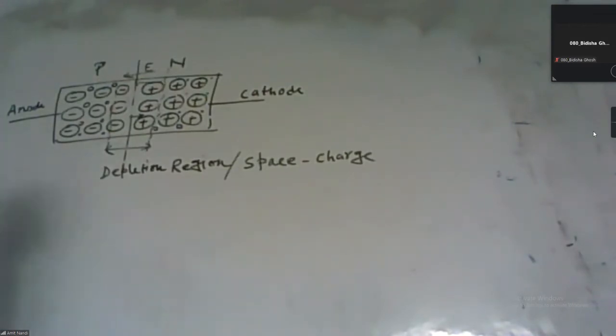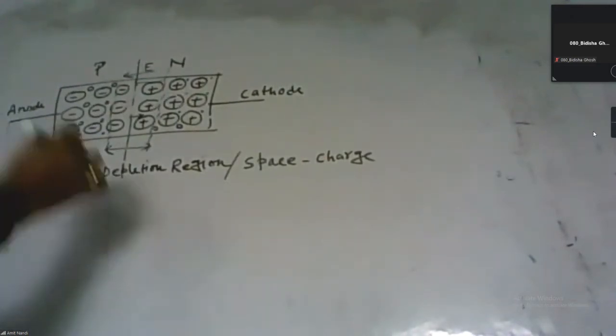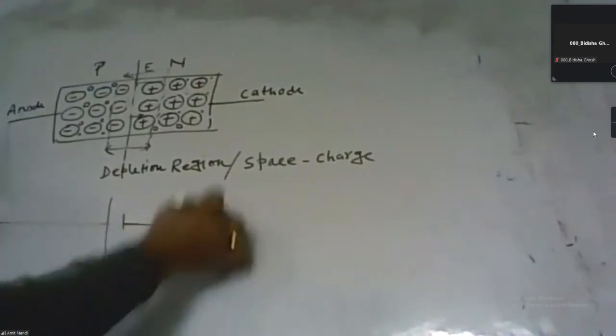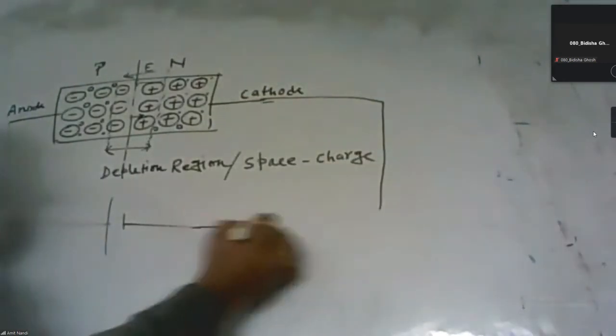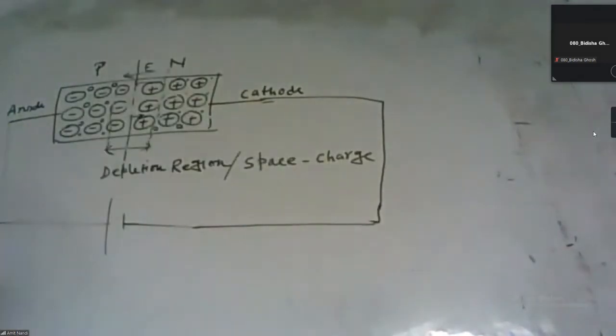Now we connect an external supply in this way. The positive terminal of the battery is connected with the P-type side, that means the anode side, and the negative terminal of the battery is connected with the cathode side. This is a battery DC power supply connected with the PN junction diode.